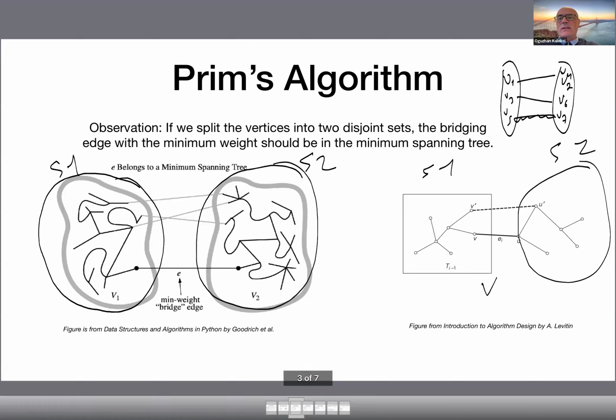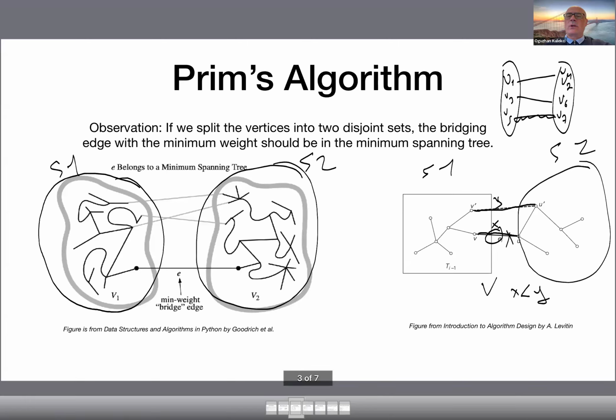Let's assume this one is your minimum weight edge. And you say, I'm not including this one, but I will be including another one. The weight of this edge, let me say X, and that is Y. X is less than Y. I know it because that's the minimum weight edge.